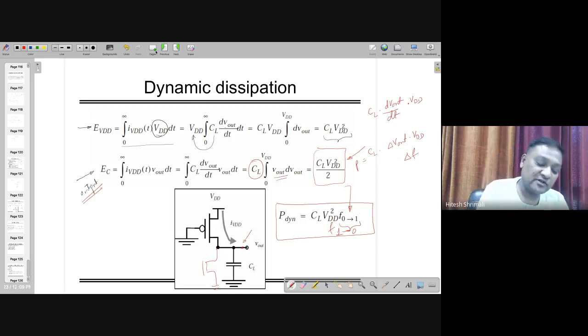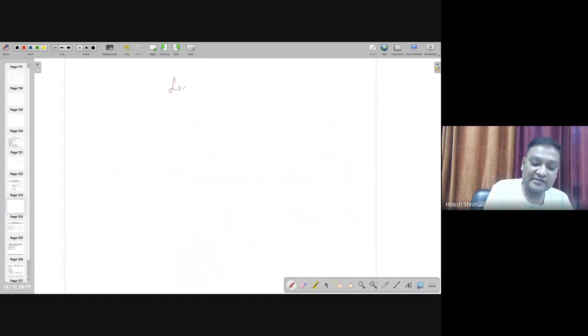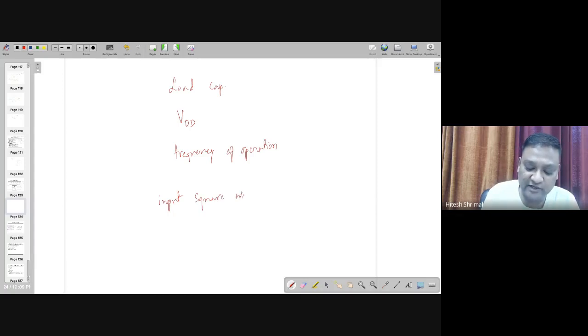So there are three parameters for the power consumption: the load capacitance, VDD, and the frequency of operation. By the way, the frequency of operation is decided by the input square wave you are giving. We also learned that this input square wave depends on the TPHL and TPLH. Your input square wave period has to be at least 10 times your TPHL or TPLH, whichever is bigger.